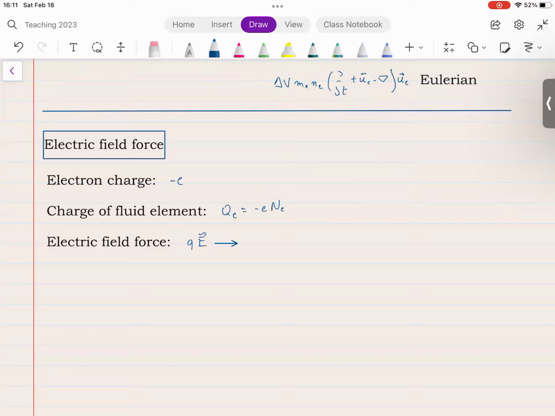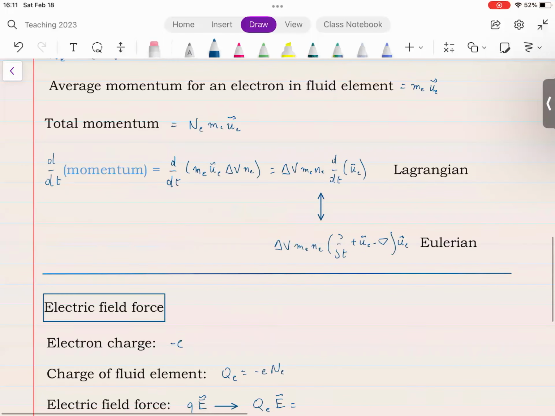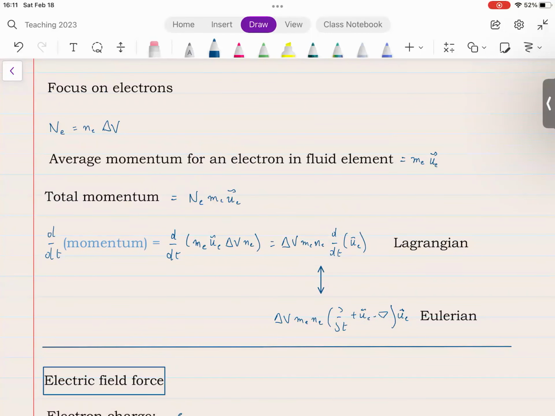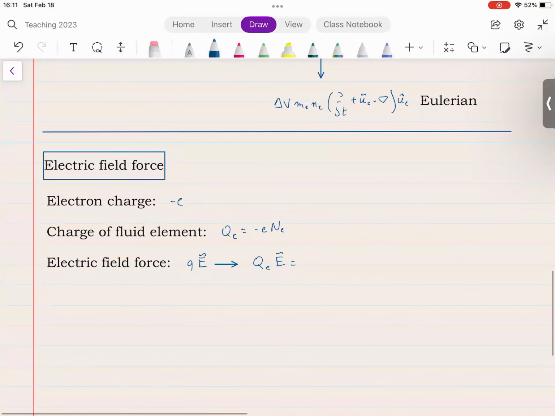Therefore, for our system, this turns into Q_e times E, which I can write replacing the expressions for N_e and Q. These are not big results, but are things we're going to use here and there, so let's keep them in mind.